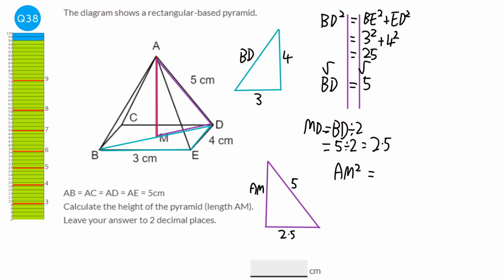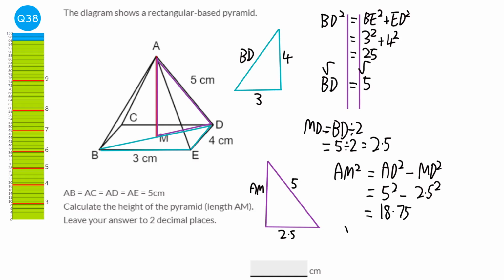So AM squared is going to equal AD squared take away MD squared, and that is going to be 5 squared minus 2.5 squared, which is going to equal 18.75.